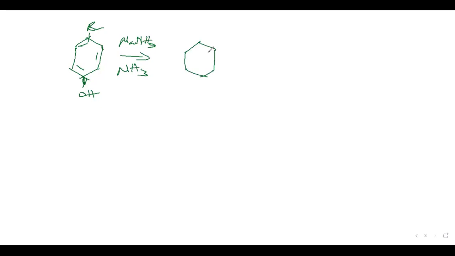So one of my products will have NH2 here, plus another product, OH, a para product, with NH2. So these are my two products.